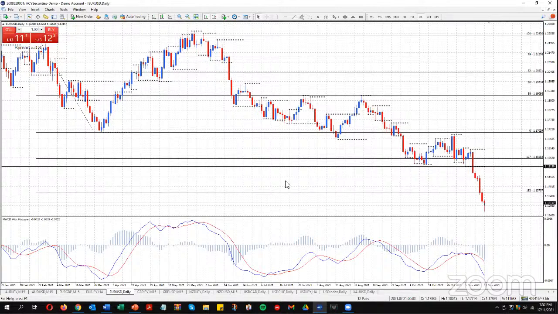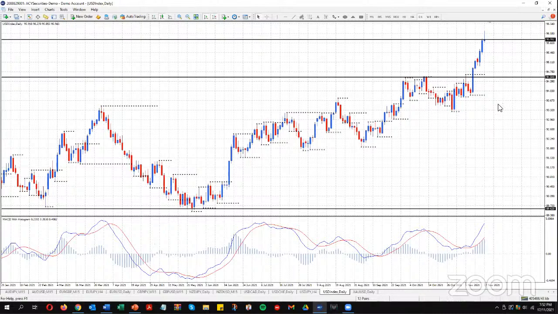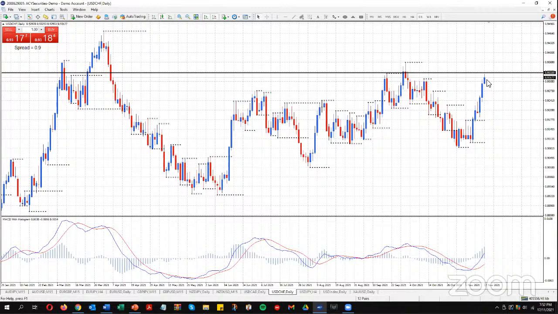So that being said, just be aware of what makes up the index. The major portion of the index comes from the euro dollar. So if the euro dollar does pull back, then clearly this is going to pull back downwards. And we might see the dollar franc pull back, because this is highly correlated to the euro dollar.